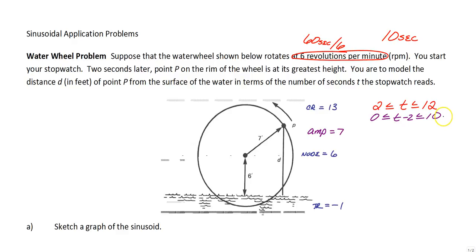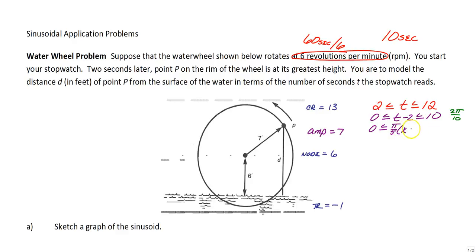Now remember, we want to get this back to 2 pi. So that would be 2 pi divided by 10, giving us a b value of pi over 5. So to finish writing this part of the equation, we are going to go from 0, which is less than or equal to pi over 5 times t minus 2.